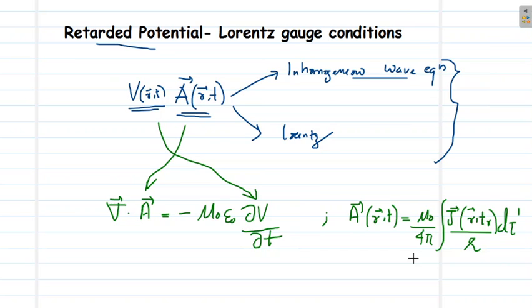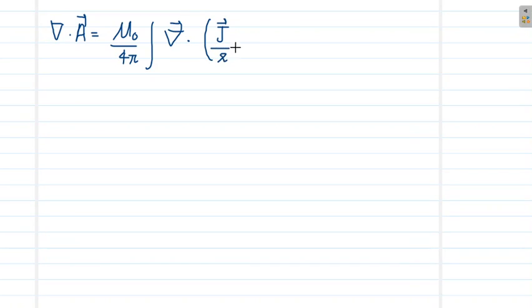To prove this, we need to first find del dot A. So let us take the divergence of vector A. So del dot A bar is equal to mu 0 by 4 pi into integral del dot of vector j by r d tau dash. Here del dot affects only the terms inside the integral, and the constants can be taken outside of this del dot.